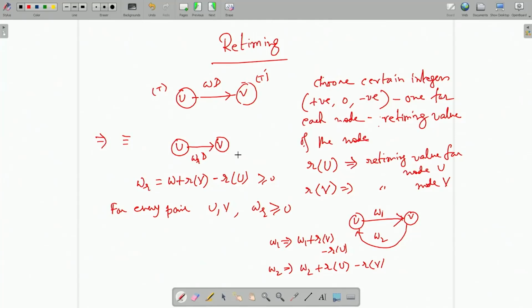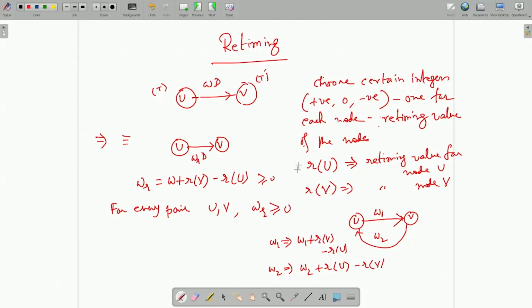Same thing. We said that for retiming, you choose some integer values, could be positive, could be 0, could be negative, for each node, one for U, one for V, one for another node, and so on. Each integer value is called the retiming value of that particular node, okay. I denote it by R of U, where R stands for retiming.